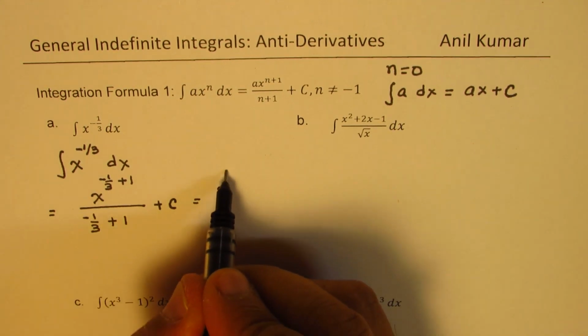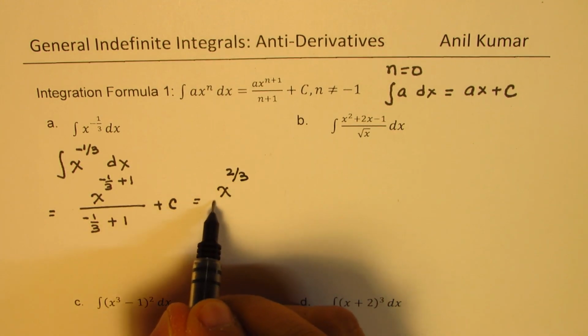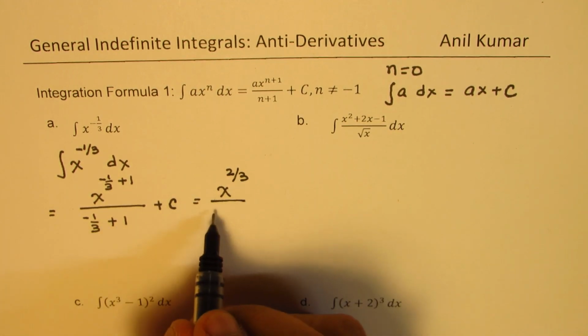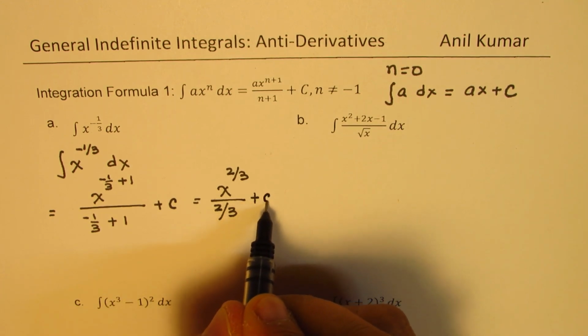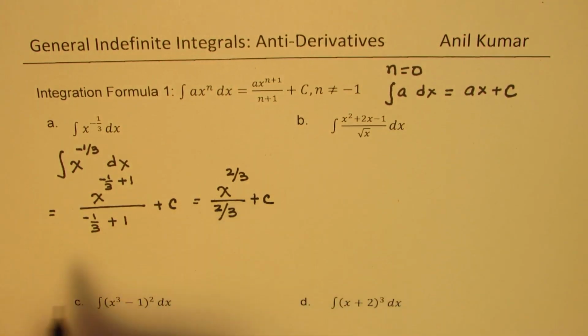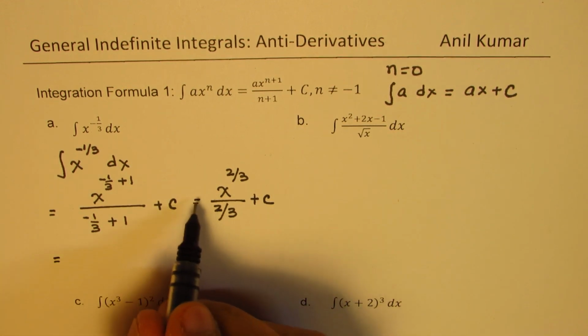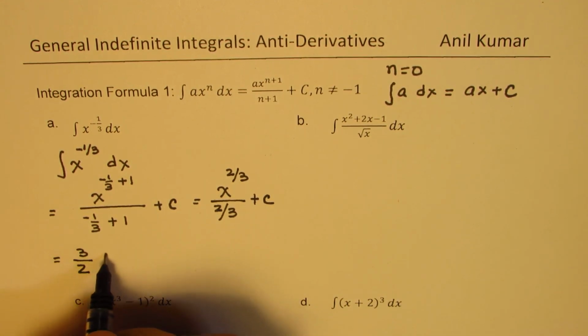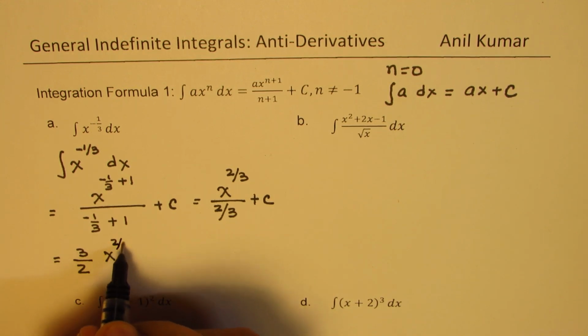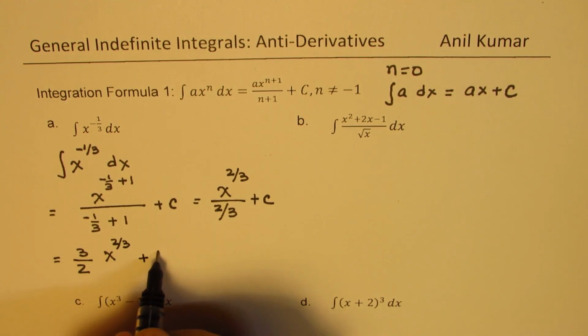So we get x to the power of 2 over 3, right? Over, definitely this will also be 2 over 3, right? Plus c. So that becomes your result, which you could also write as 3 over 2 x to the power of 2 over 3 plus c, a constant c.